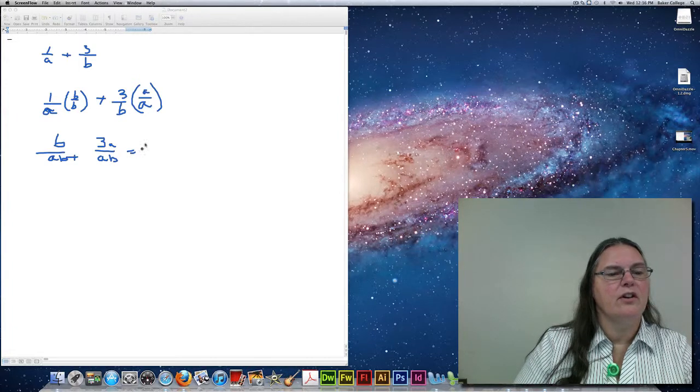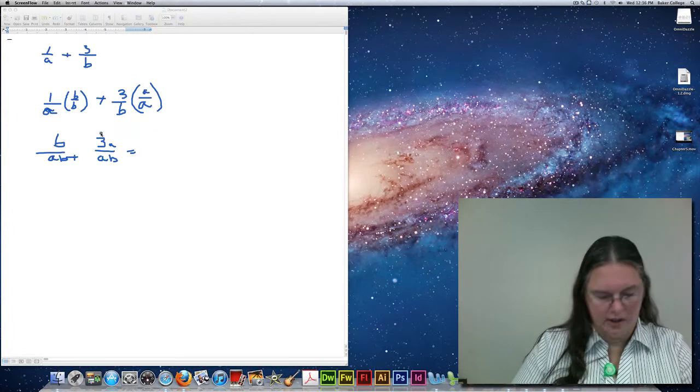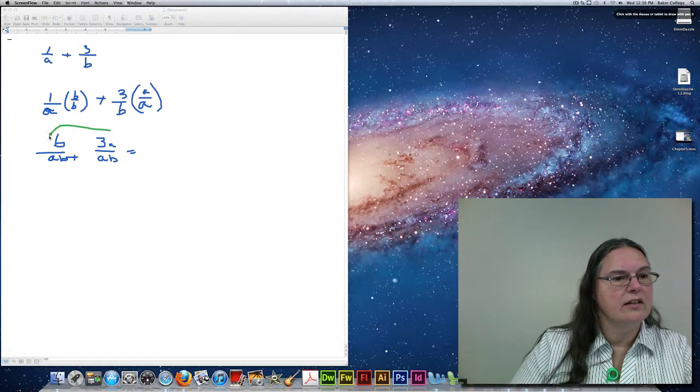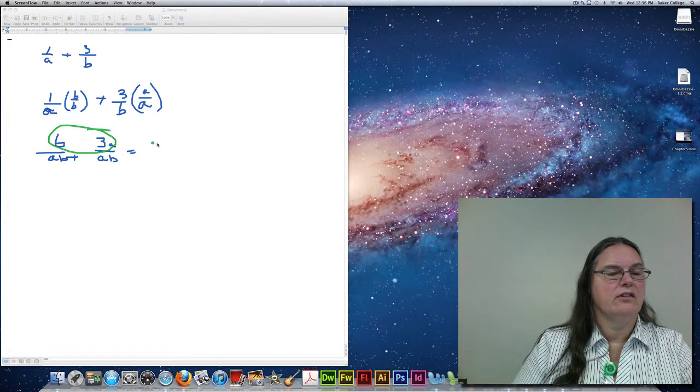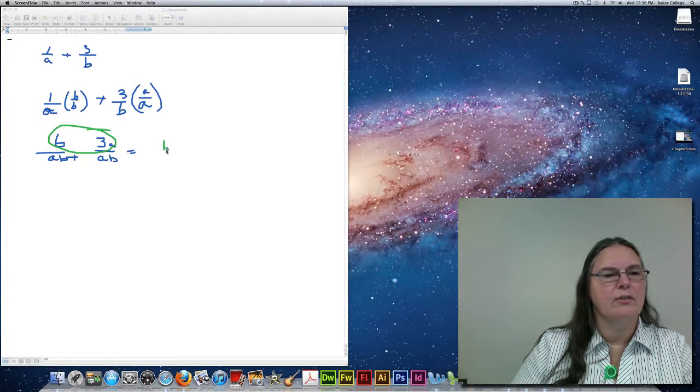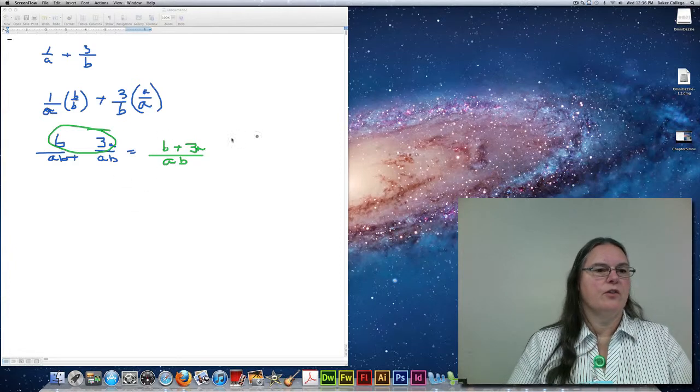So my end result is going, these are not the same thing. So I can't really do much more other than simplify a little bit. b plus 3a all over the ab. That's my simplest form. Either form is correct, but this is the simplest form.